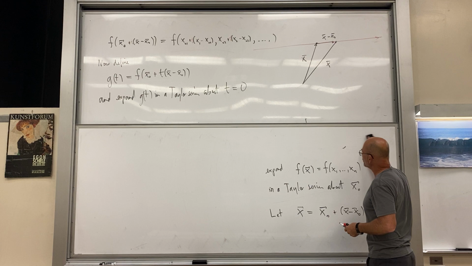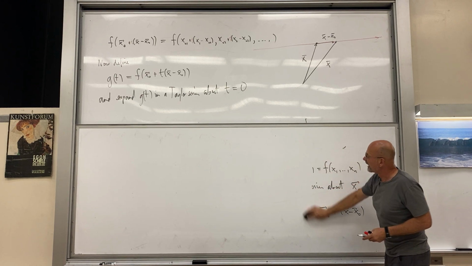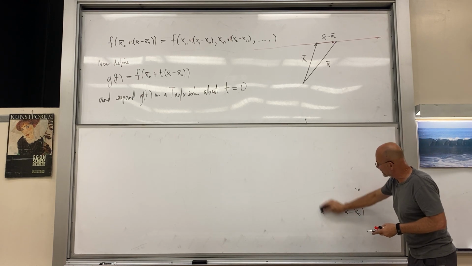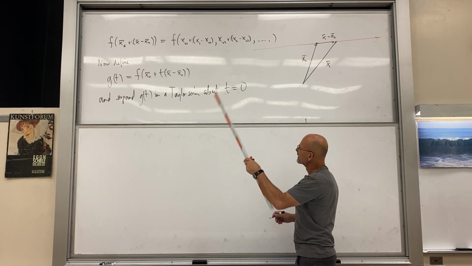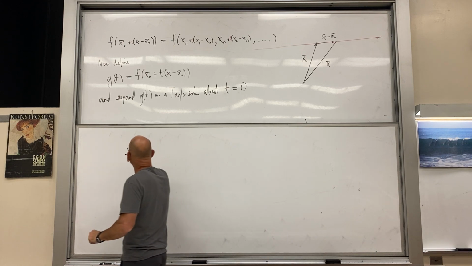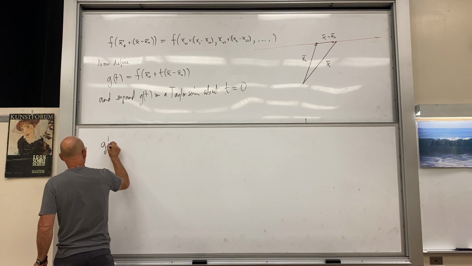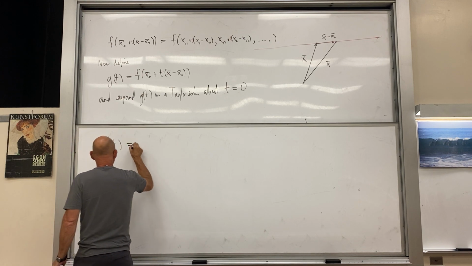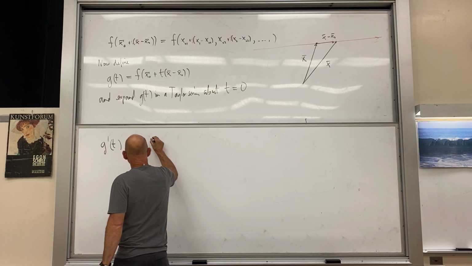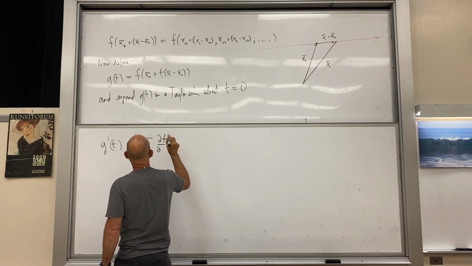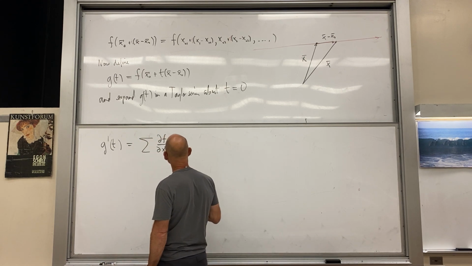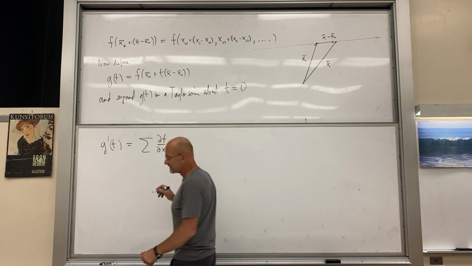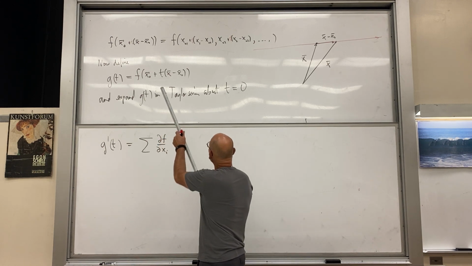So now the chain rule comes into play. That's why I wrote a bunch of different explicit expressions down, okay? So g of t, g prime of t is equal to, we get a sum, partial f, partial x sub i, okay, and we'll just take one of them.